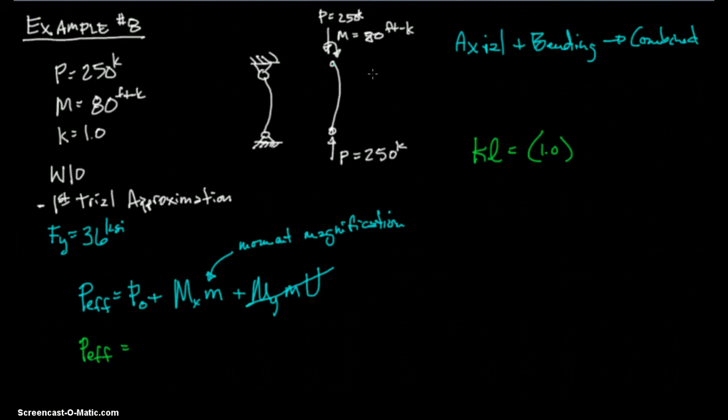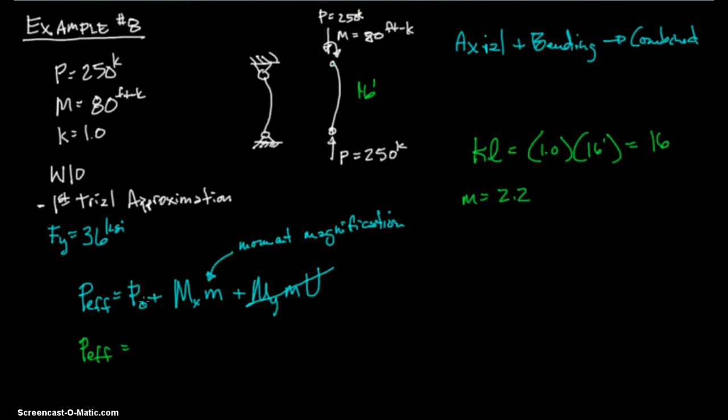Let me go back to the equation, I didn't write it down. It's 16 foot long. Alright, so our KL equals 16. So we go in the table, we go down to 16, we go over from W10, and it looks like 2.2. You use the top one, and its subsequent approximation is 2.4, but we're going to use the 2.2. So M equals 2.2, and that's from table B.